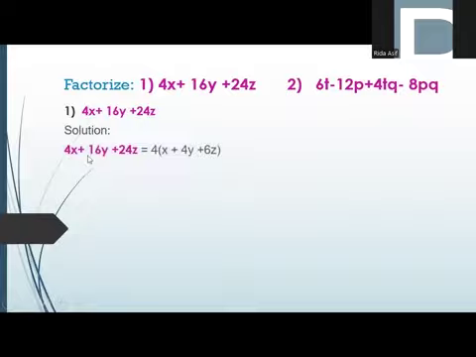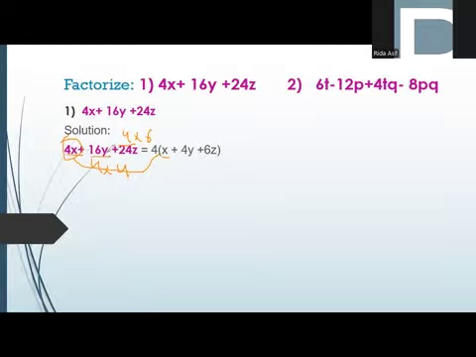Yes. Students, we know that 4 into 4 is 16, right? Here 4 is written, here 4 into 4 is 16. And what about 24? 4 into 6 is 24. That means in all these three terms, 4 is common, right? We have taken out 4 outside the bracket, and in the bracket we get only x. The first term, look at the first term. If we have taken out 4 as common, we get only x left.